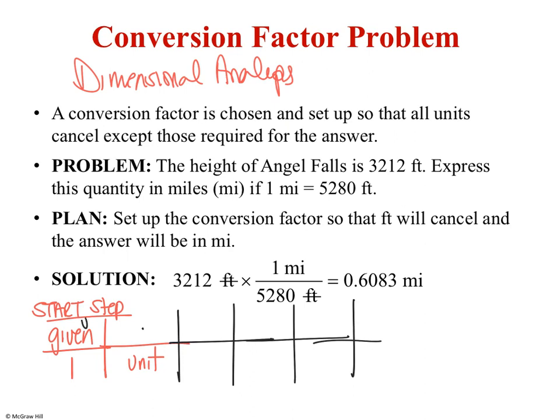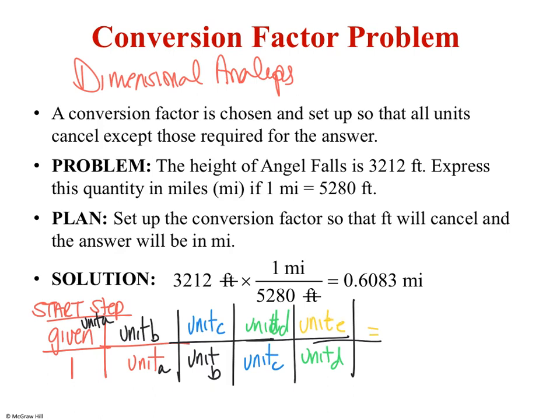So we can call this the given, unit A, and then we go to unit B, and you copy unit B down here, then go to unit C, copy unit C down here to go to unit D, then copy unit D down here to go to unit E. Then unit A cancels out, unit B cancels out, unit C cancels out, unit D cancels out, and you're left with unit E. This is how you convert one unit to another.